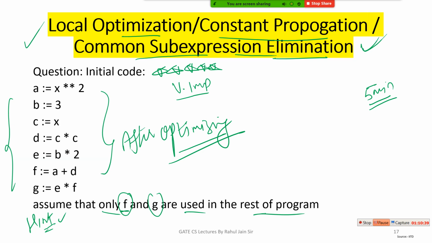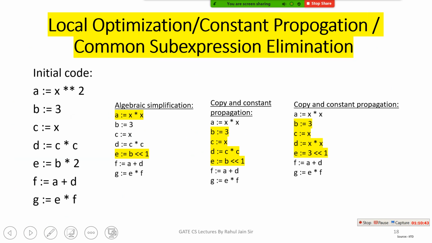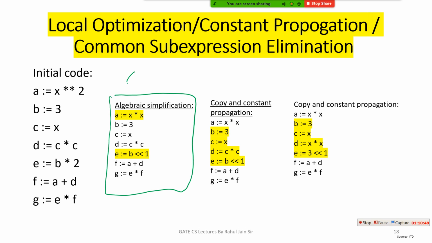Let us focus on the solution of this problem now. See here, this is our algebraic simplification. Algebraic means you can consider it as step one. Guys, focus on the screen, and step by step we are going to solve it. Initial code was this.